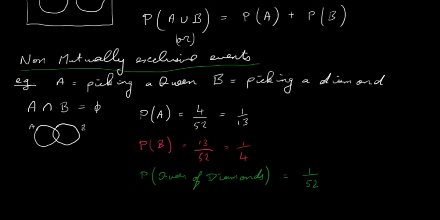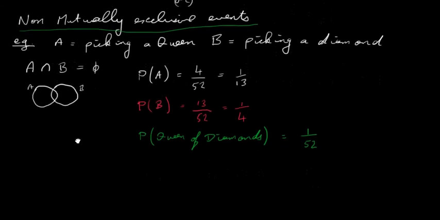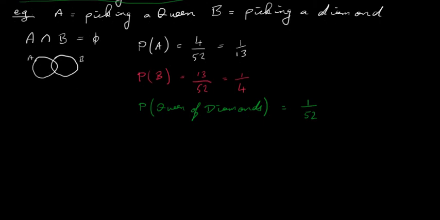So what we're going to do is look at this formula here. We've got the probability of A or B, the probability of A or B happening.